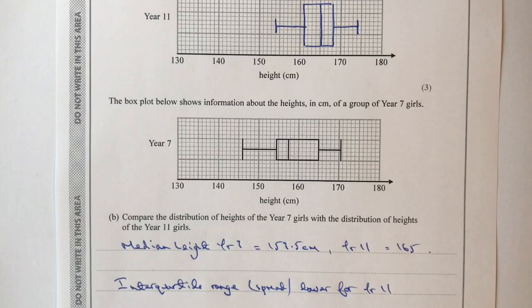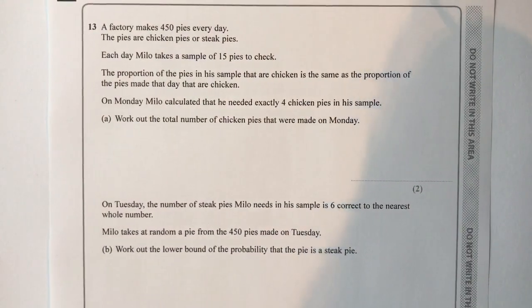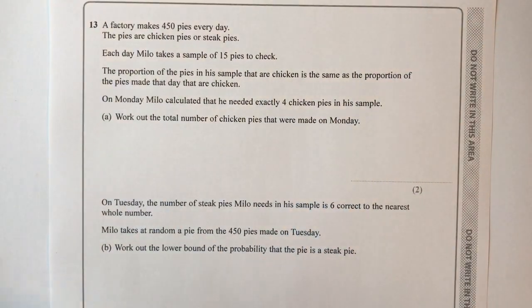Let's move on then to a factory that makes 450 pies every day, and that's going to be question number 13. In question number 13, there is quite a lot of text with this particular one, and it does take a little bit of thinking through. So a factory makes 450 pies every day. Pies are chicken or steak. Each day Milo takes a sample of 15 pies.